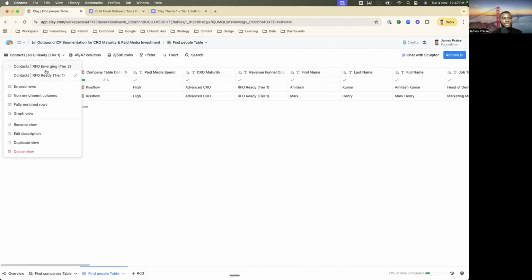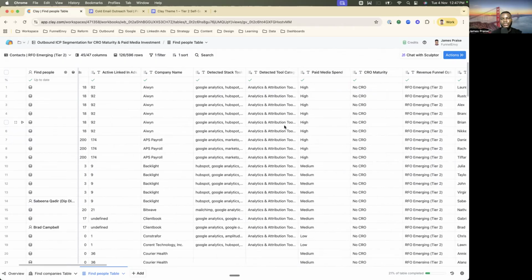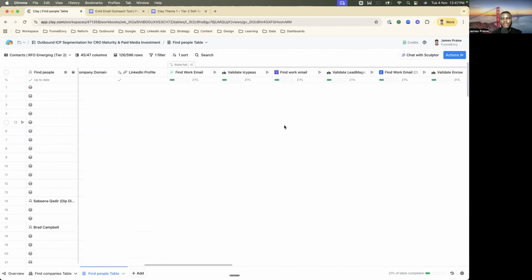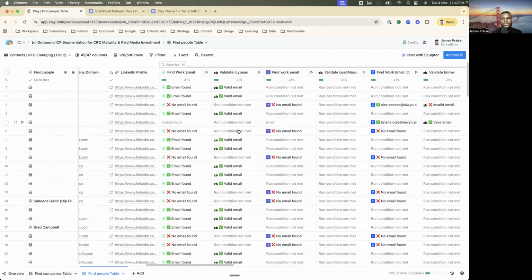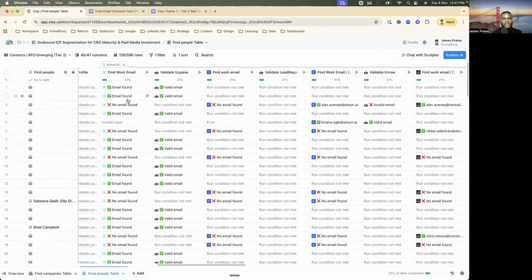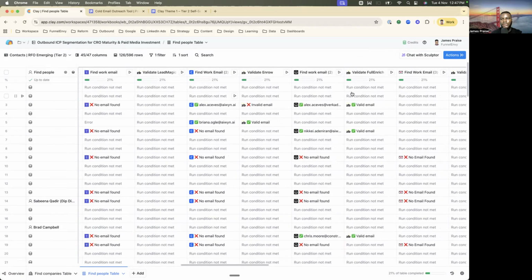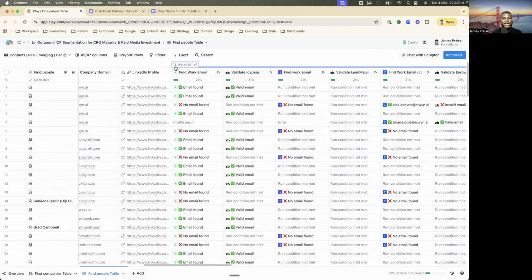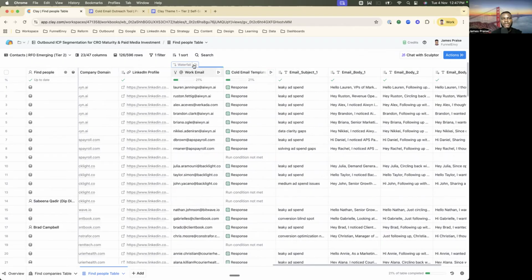So let's go back to tier two, where we've run the enrichment for the contacts and we're able to gather their emails. If the email is found, it's not going to run the rest of the conditions for email, right? So I can collapse this table and let's move away from finding emails.